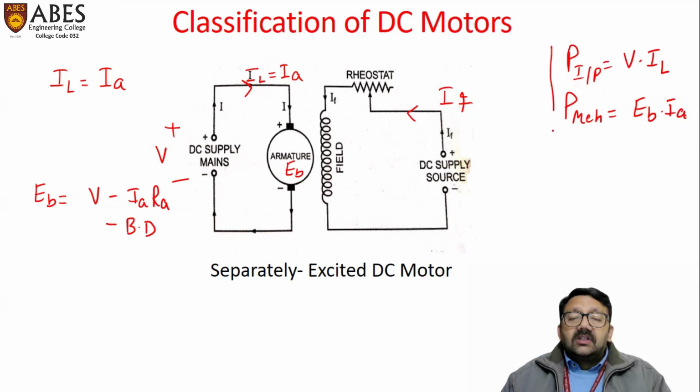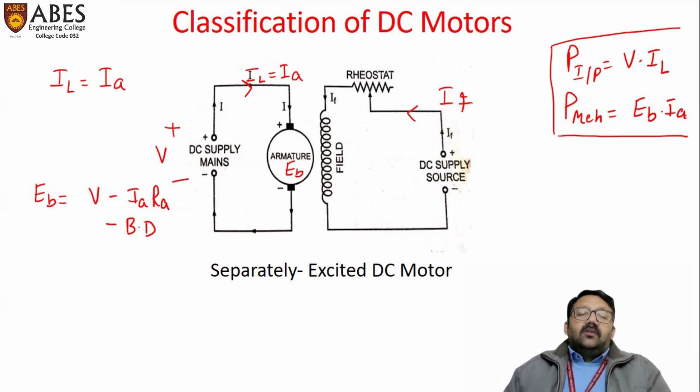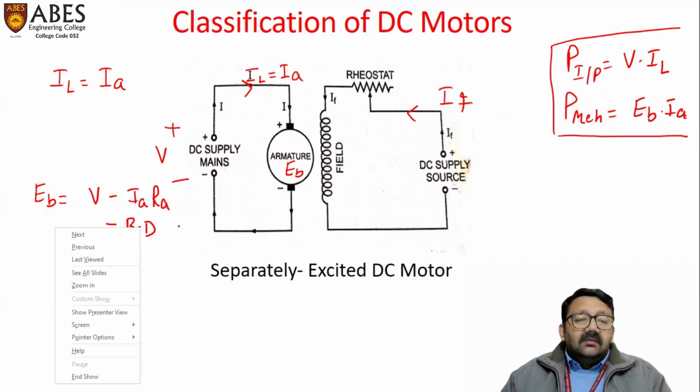These two relations are valid for almost all types of motor: one is the electrical power taken from the source, and the other is the mechanical power developed in the motor armature, EB into IA. For this configuration, the relation between back EMF and supply voltage is EB equals V minus IA RA minus brush drop. So this is a separately excited DC motor.